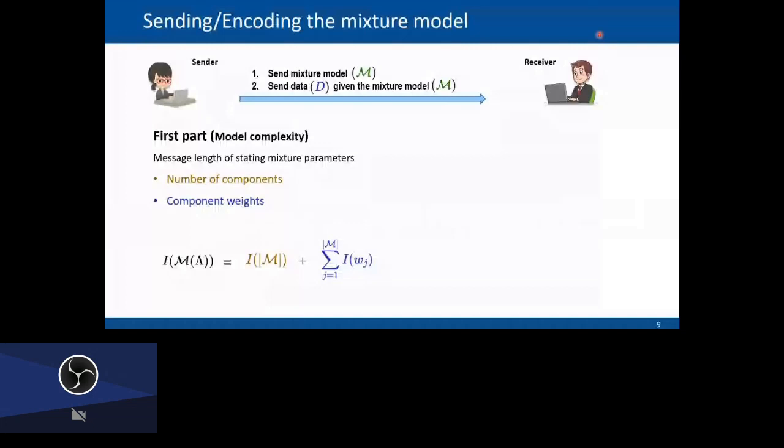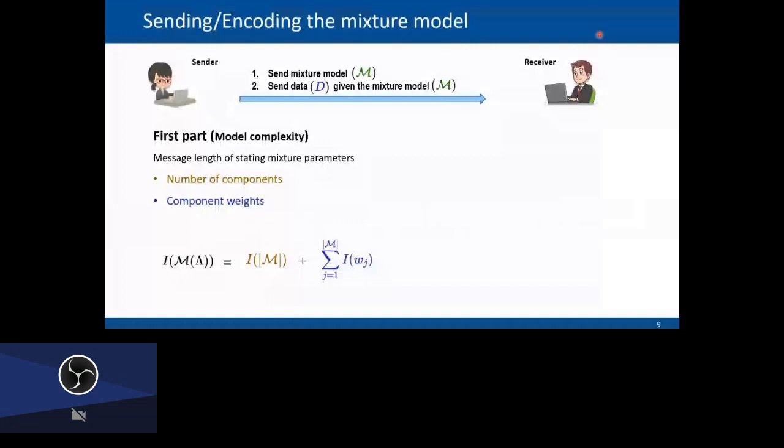So with this message length representation, which is used as our objective function, we search for the optimal mixture model that minimizes this two-part message length, and this is done in an unsupervised environment. And in order to do that, we employ an incremental search strategy that starts with a single component and performs a well-defined set of operations called split, merge, and delete.